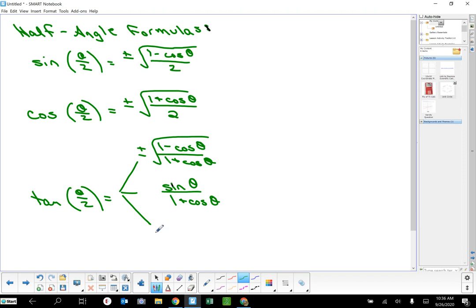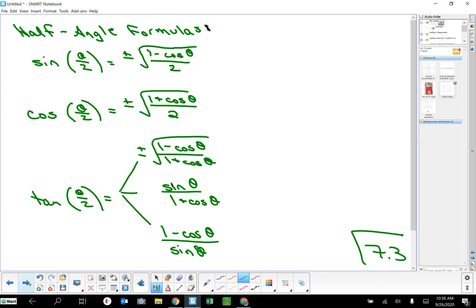And the bottom one is 1 minus cosine theta over sine of theta. Okay, so those are the angle formulas for that. Remember that this is 7.3. All right, so I'm going to give you some examples and then some textbook examples, and we'll go from there.